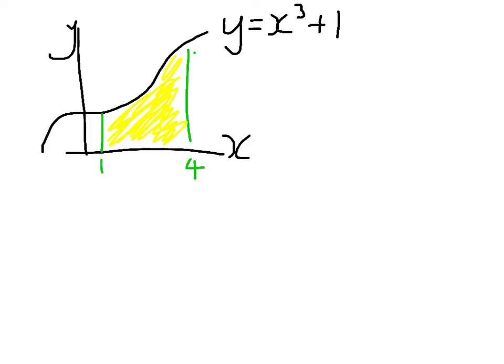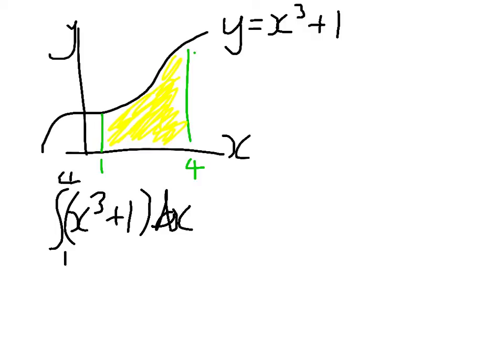So let's say we're trying to integrate this to find the area between 1 and 4 under the curve, the bit that's coloured in yellow. We would start by finding the integral of x cubed plus 1 dx between 1 and 4.